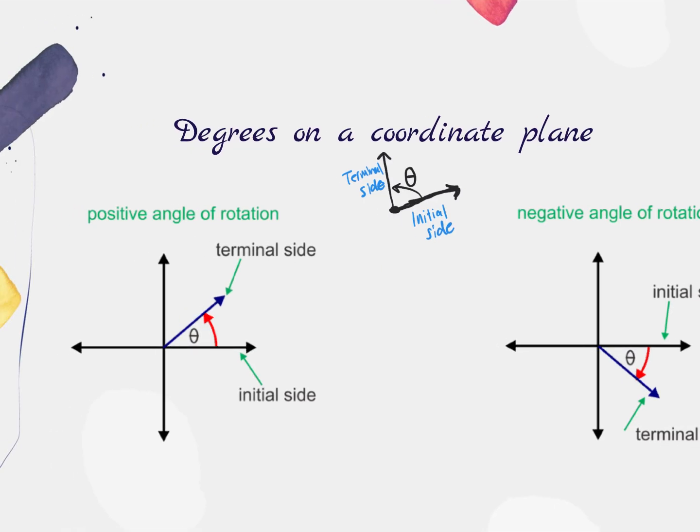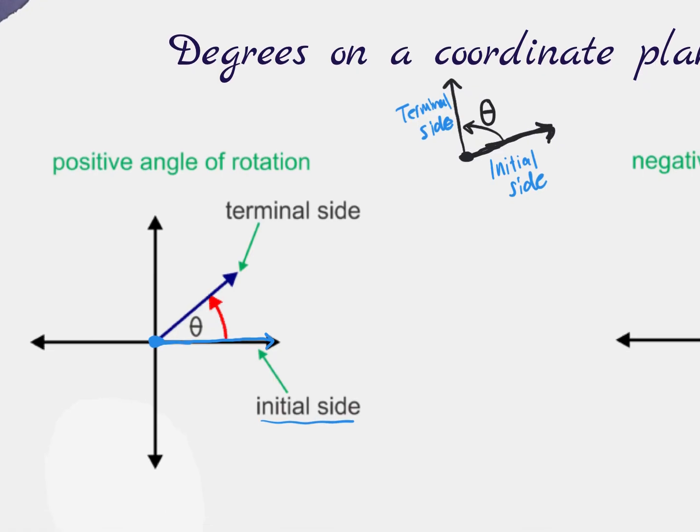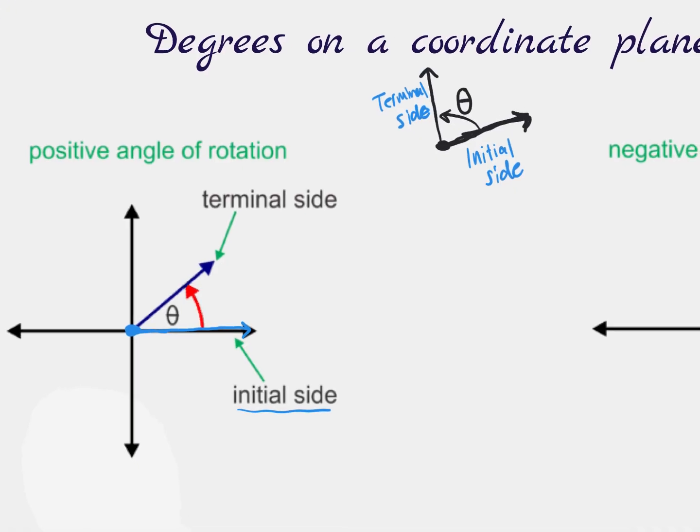Now, if you draw an angle on a coordinate plane and you make the initial side the positive side of the x-axis, with an endpoint at the origin, any angle that you form with that property, that it starts on the positive side of the x-axis, is an angle in standard position.